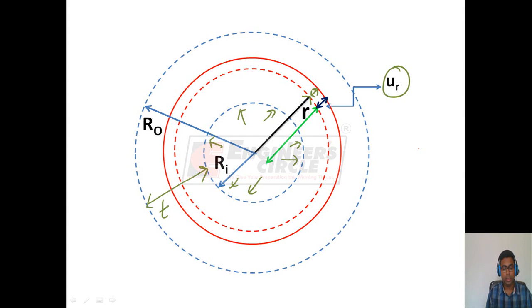Now, in the analysis of a thin cylindrical pressure vessel or thin spherical pressure vessel, we will assume that there is no change in the thickness of the cylinder even after the application of pressure.